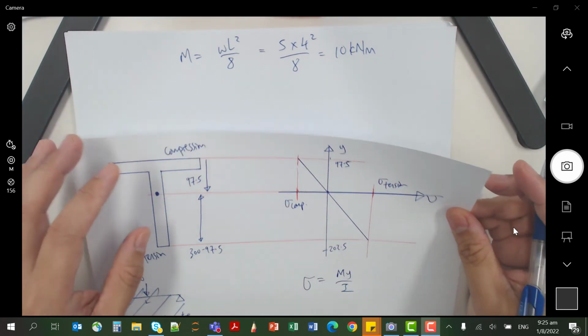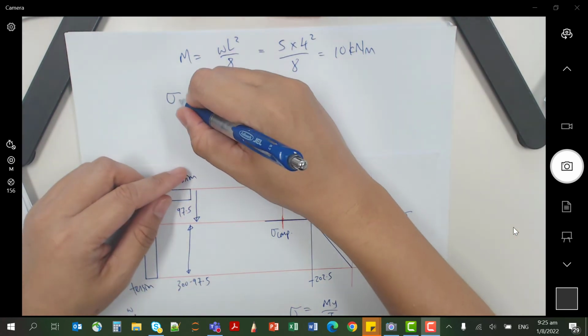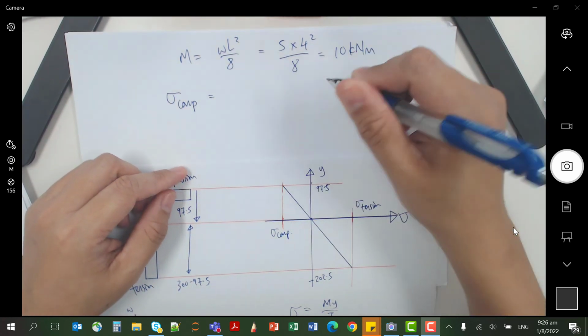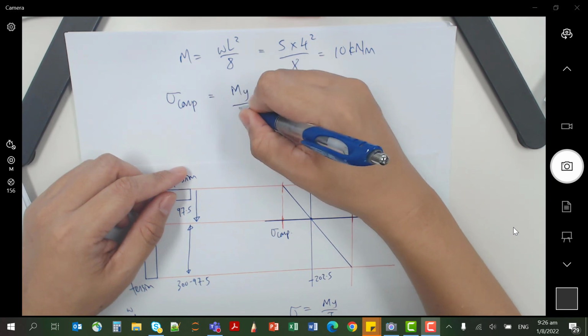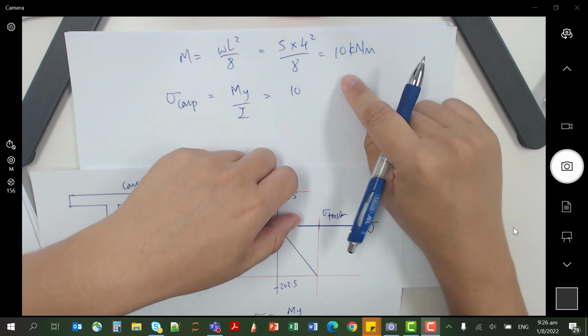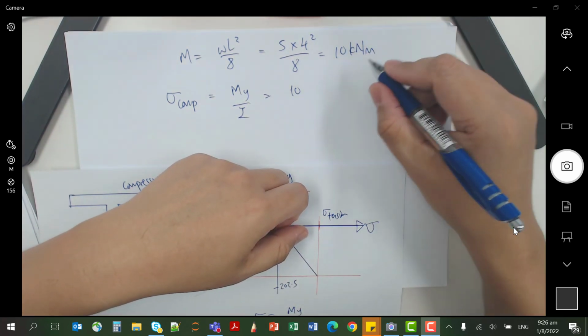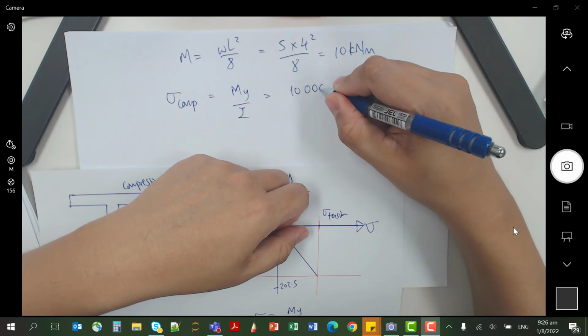So let's find out the stress compression at the top. It's My over I. This is the time we convert everything to SI units, so 10 kilonewton meters is 10,000 Newton meters.